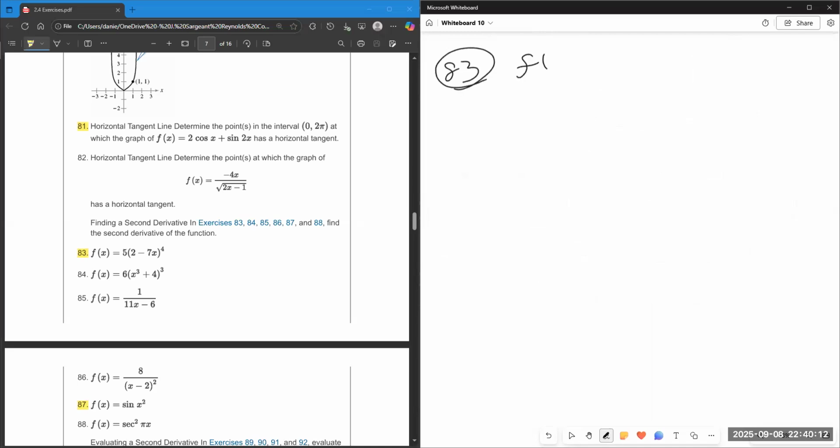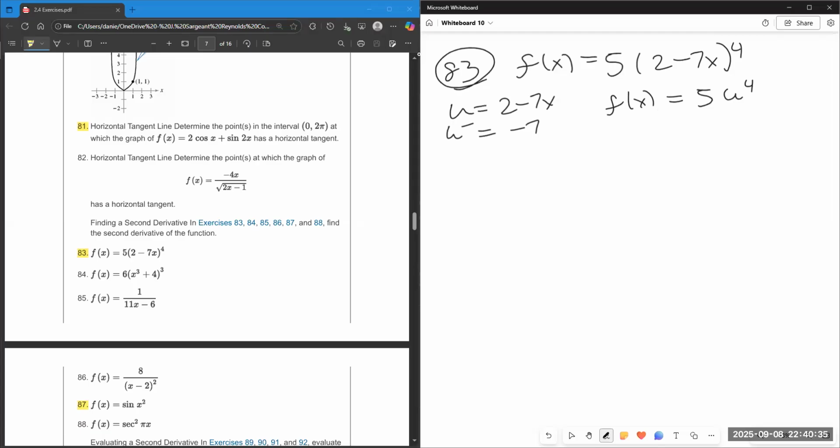f of x is 5 times 2 minus 7x raised to the 4th. Let's find the second derivative here, starting with u equals 2 minus 7x. u prime is equal to -7. f of x is 5u to the 4th. f prime of x is 20 u to the third times u prime.